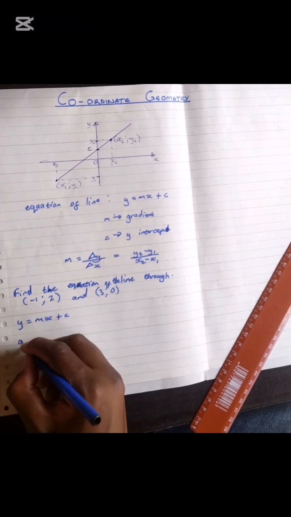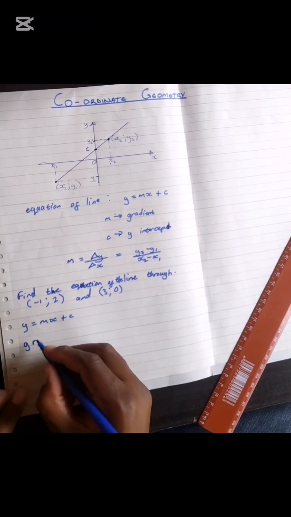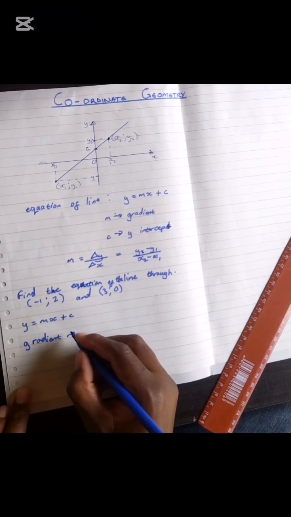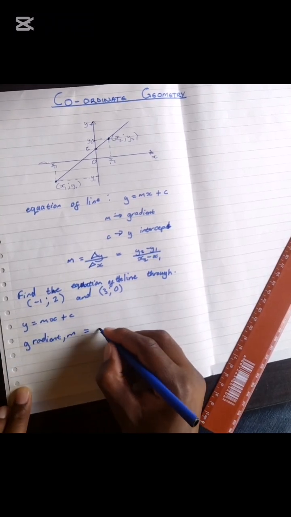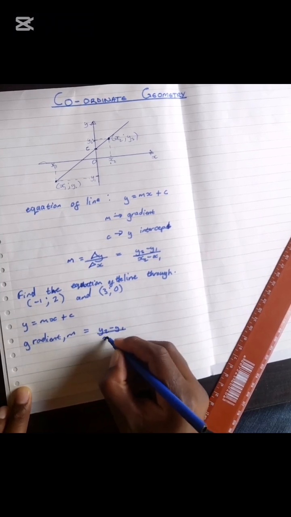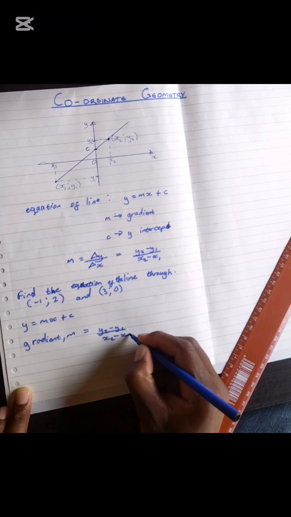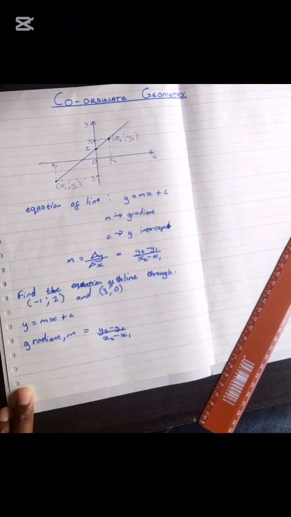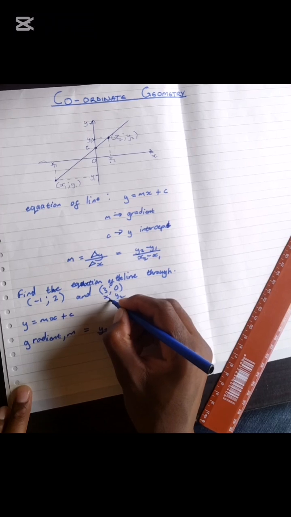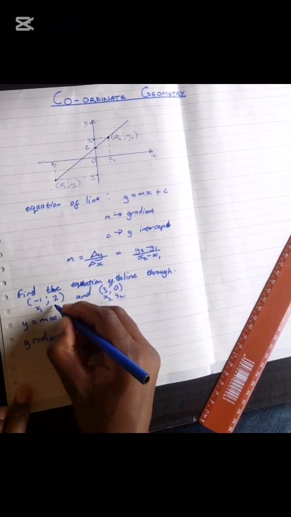Our gradient m is equal to y2 minus y1 over x2 minus x1. Okay, so we're going to say this is our y2 and this is our x2, this is our x1 and our y1.